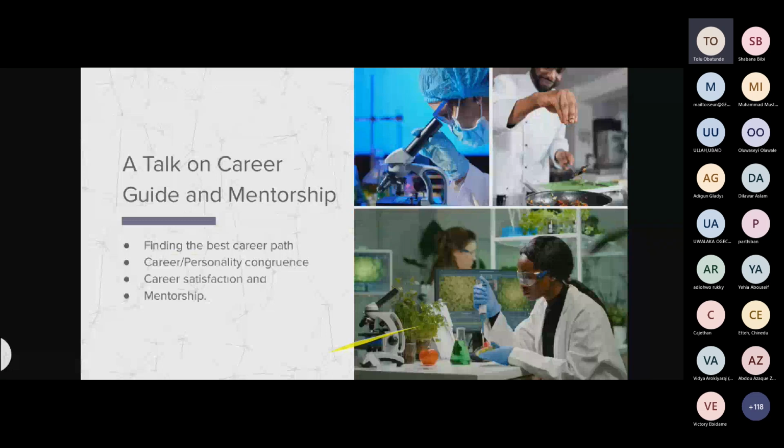So probably in the boot camps we have enough time to stretch all of this. But right now, I'm going to be talking about the core thing to consider when selecting the best career path for yourself.